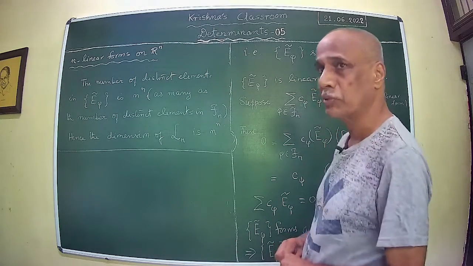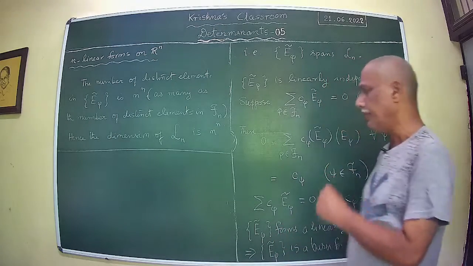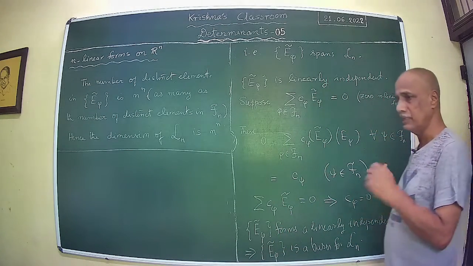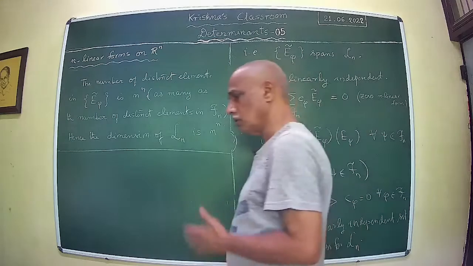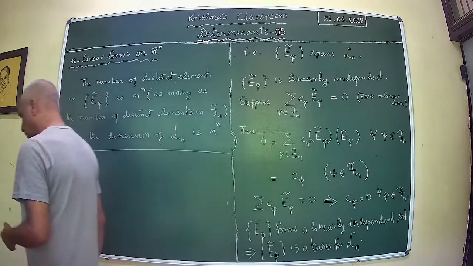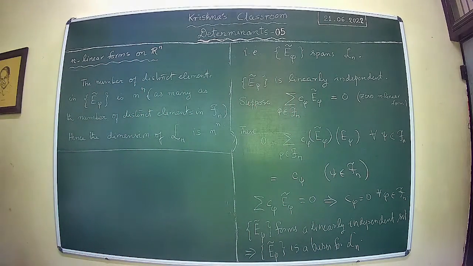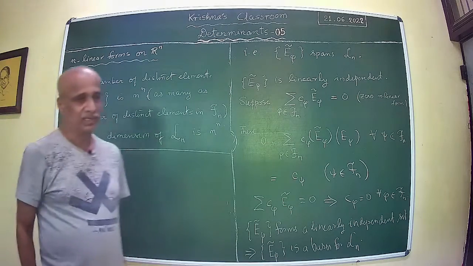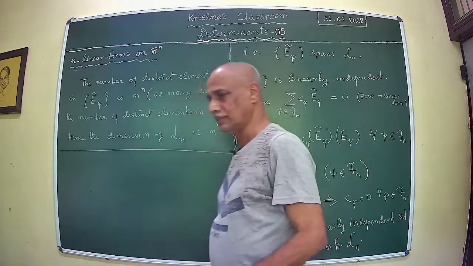In fact, we exploit this, but what we want to do next is to explore what are called the alternating n-linear forms. Okay, so that is our next task.